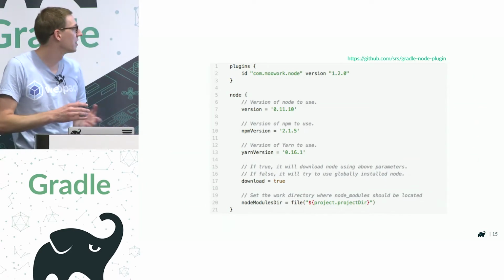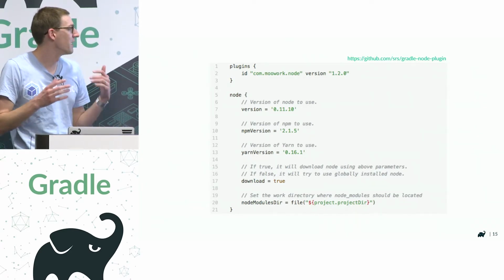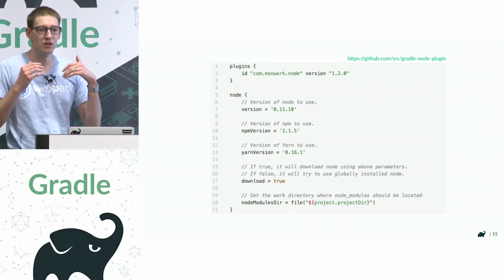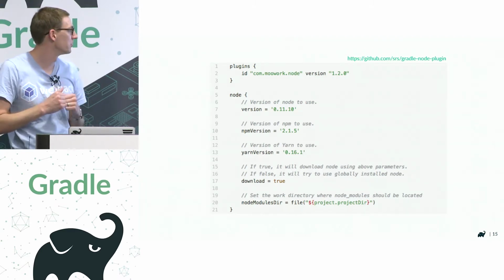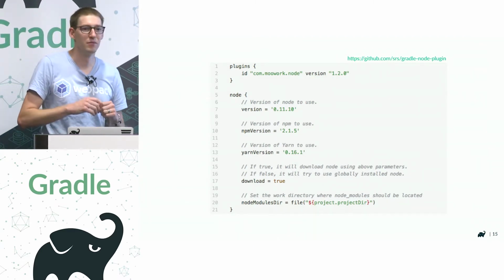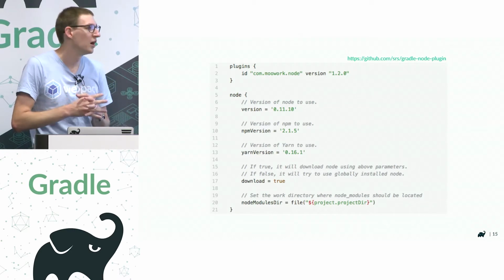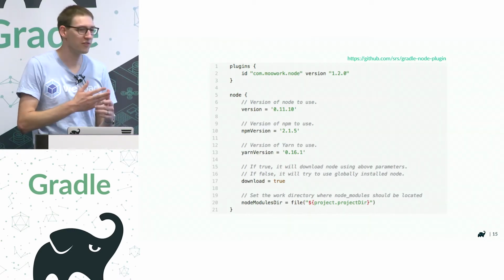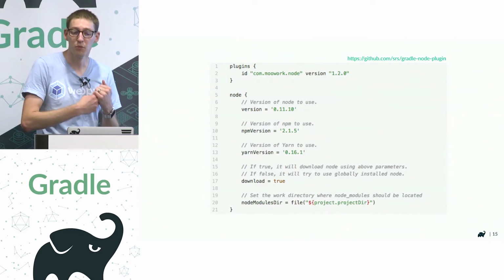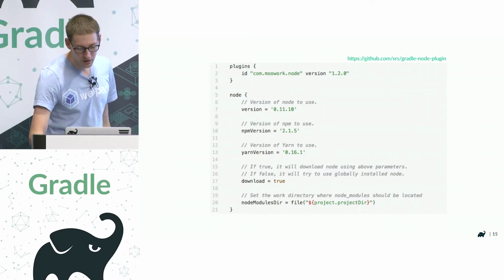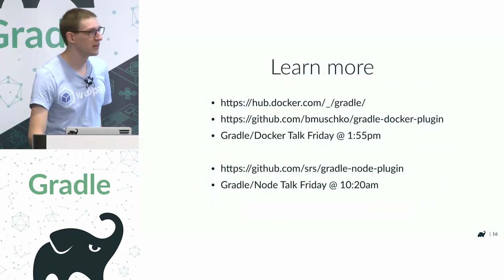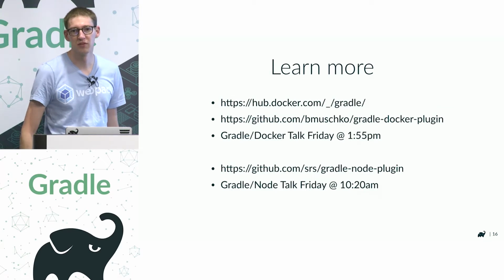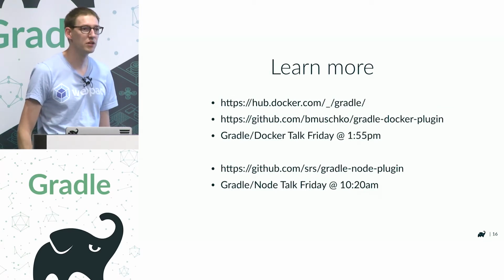Now, the Gradle Node plugin is something that can not only manage your Node and NPM and Yarn versions and manage those Node dependencies. It can run Node scripts and a whole bunch of other stuff that you'll hear about from Sten tomorrow morning. So I highly recommend it, and I expect that we will try to invest in the Node plugin in the future.